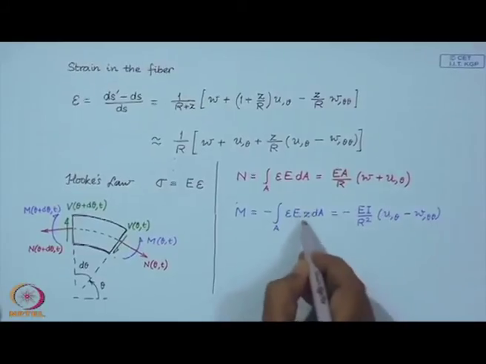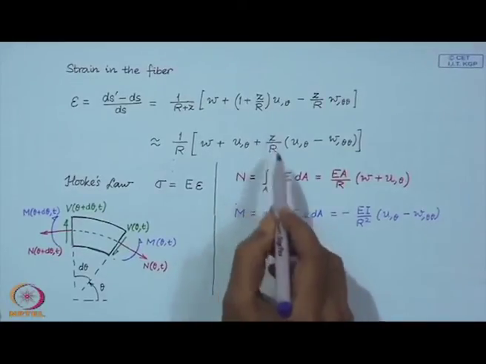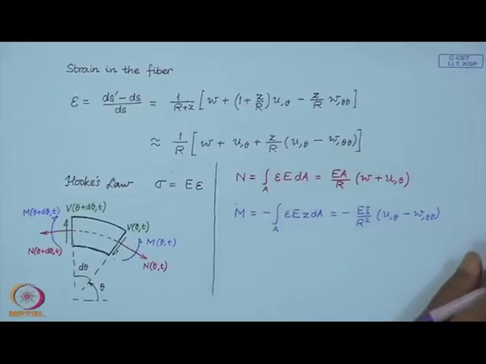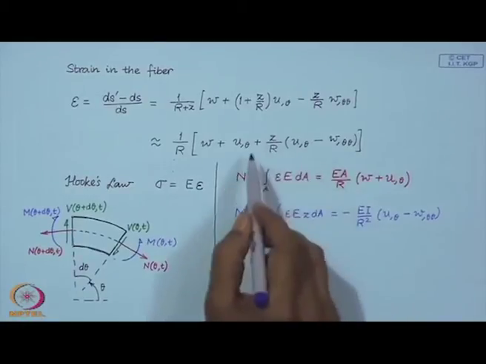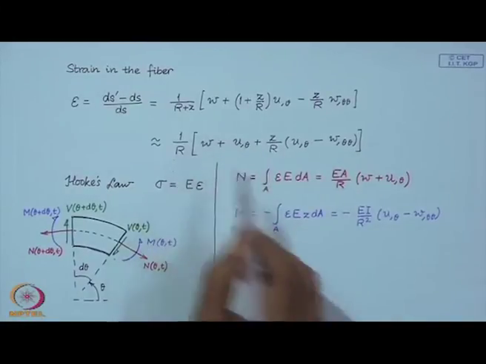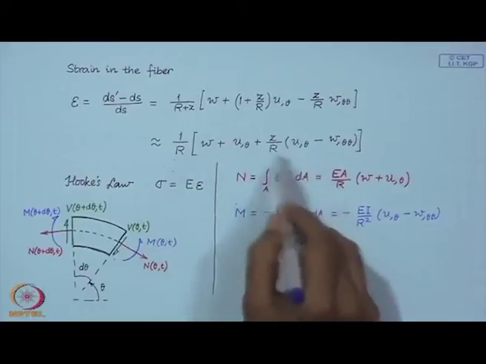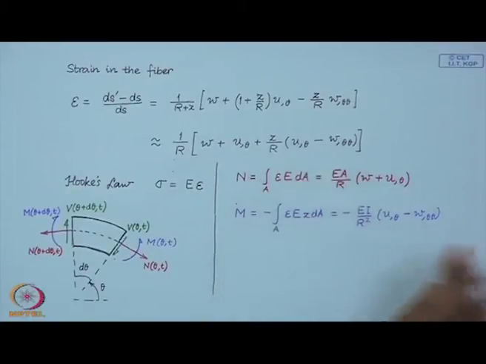Now, because of this additional z, this becomes z square, and that makes it an even function, whereas this becomes an odd function, that cancels off. So, you are left with contributions only from this term. So, that is the bending moment.